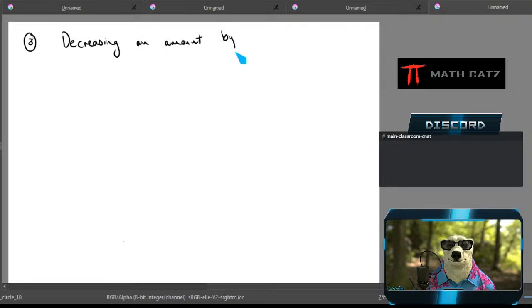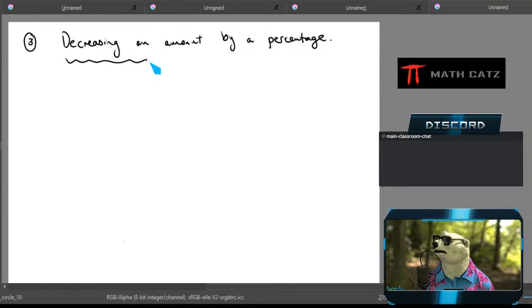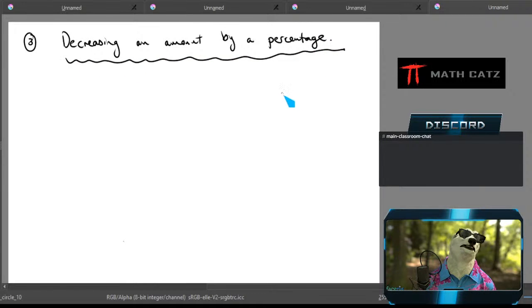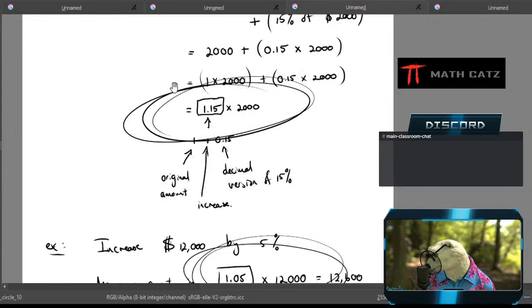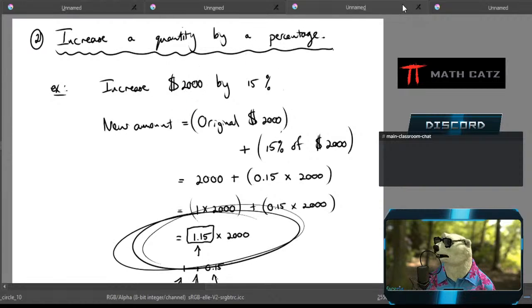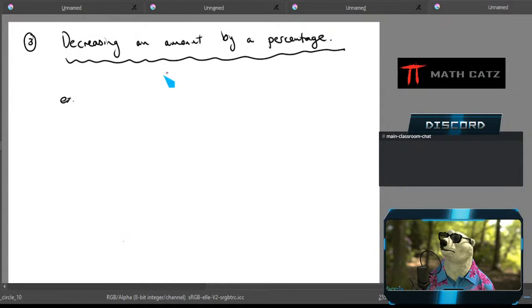Decreasing an amount by a percentage. Squiggly lines. This is my last one. There are no more. Any word problem I'm going to encounter ever is going to be some mix or something involving these three. So for example, let's do it the same way we did the increase one. Let's decrease $2,000.